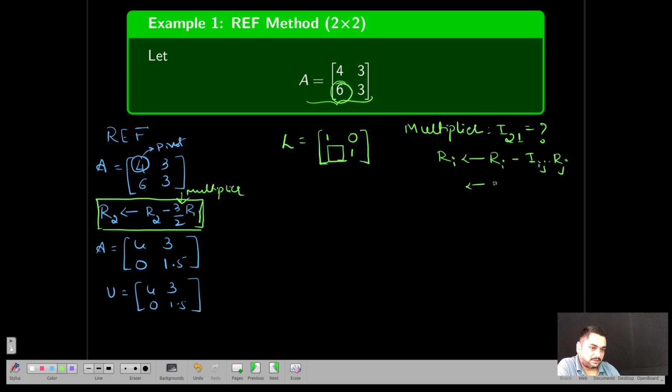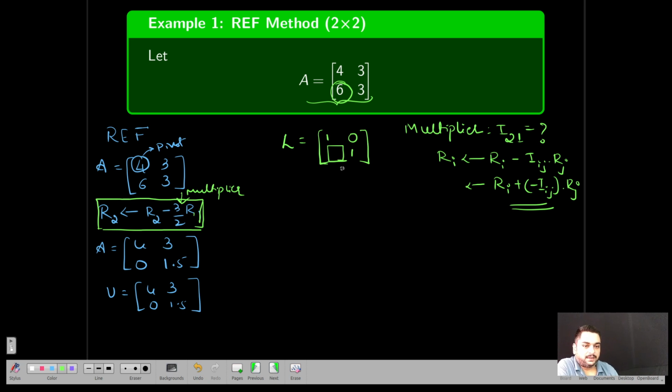Now I can write it in standard form as Ri plus or minus Iij into Rj. Okay, you need not remember this now.